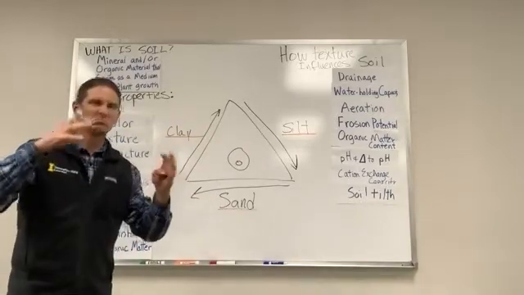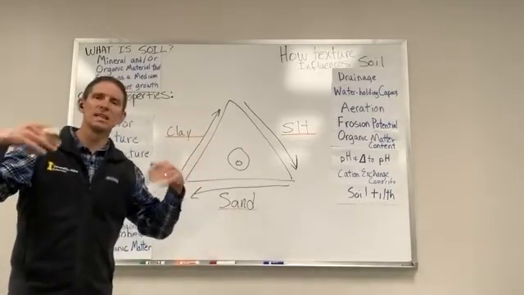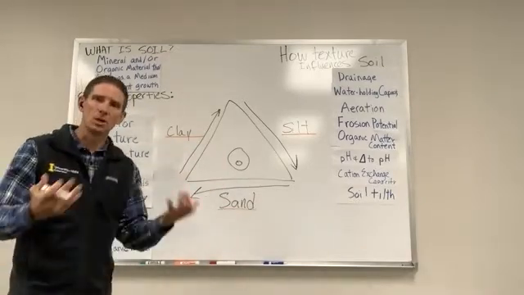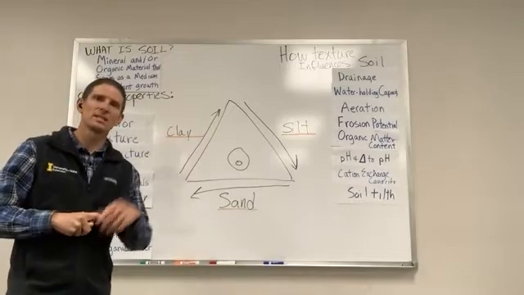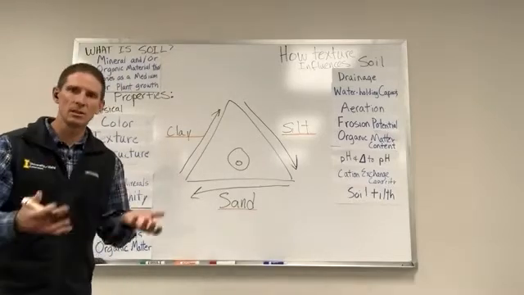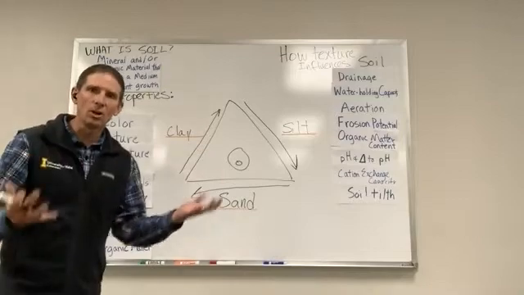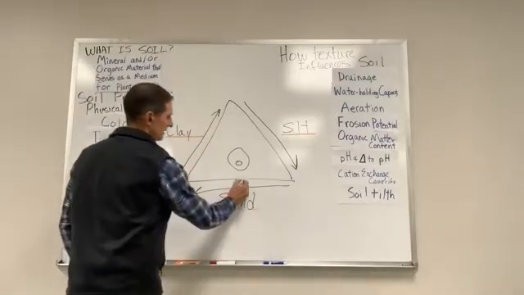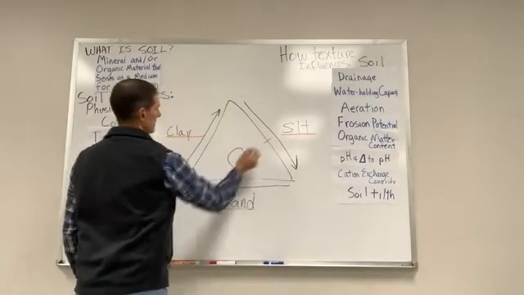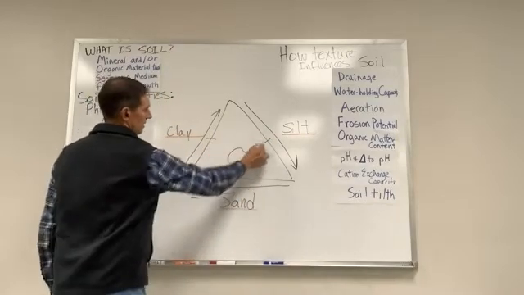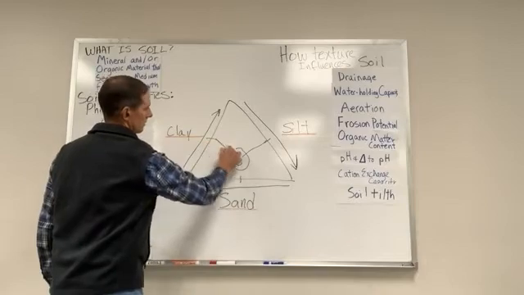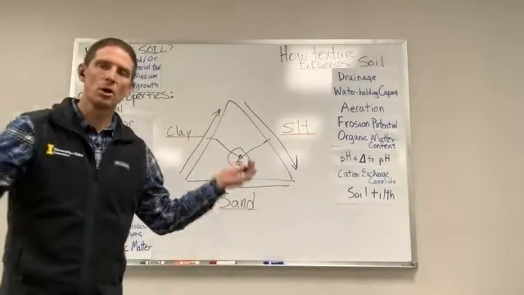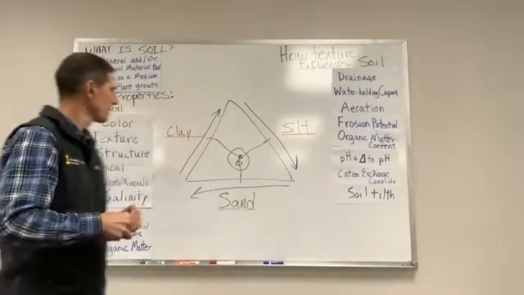And that's more or less an even mix of sand, silt, and clay. But then you can have a sandy loam soil or a silt loam or a silty clay loam. There's all sorts, but let's just say this is the 50% line, 50% line, 50% line. If you follow those together, that's more or less where you get into the loam soil.